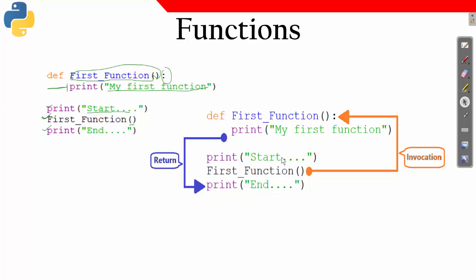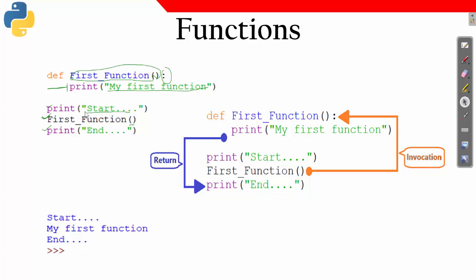The start will be printing. Now when the function name is called, the control will go to this particular location, and it will start working from here. And when all the statements get executed, it will come to the immediate next statement and start executing it.